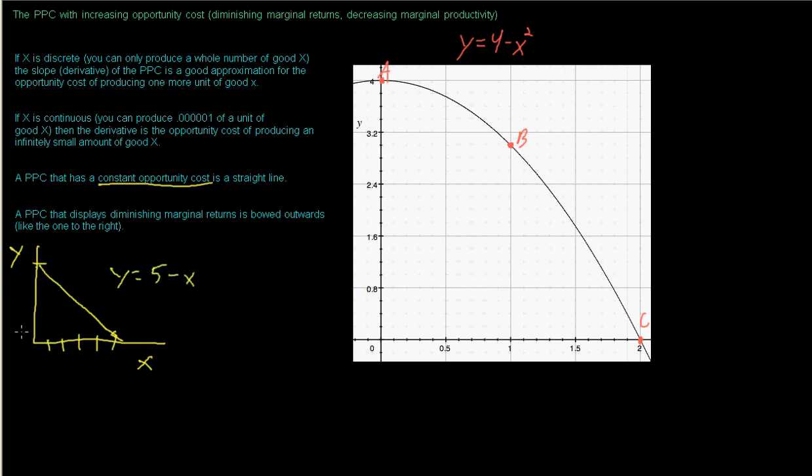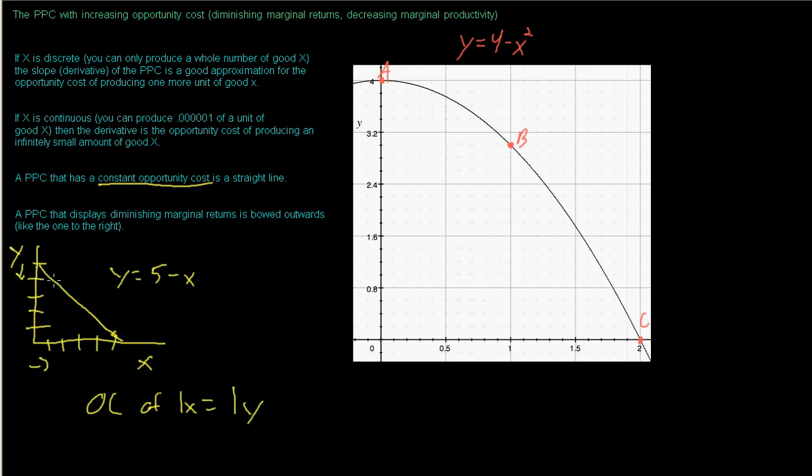So 1, 2, 3, 4, and 5. Every single time that you wanted to increase your production of x by 1, you had to decrease your production of y by 1. So the opportunity cost of 1x is equal to 1y. And that was the same all the way across.